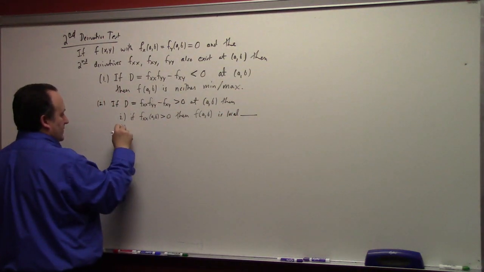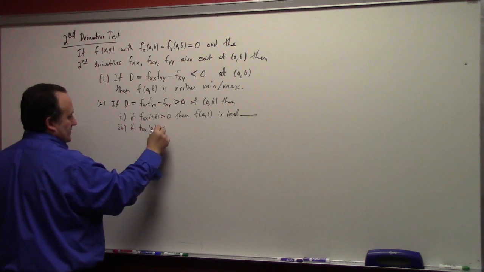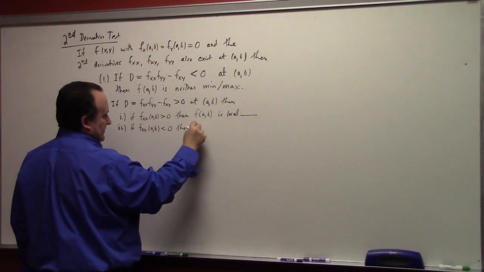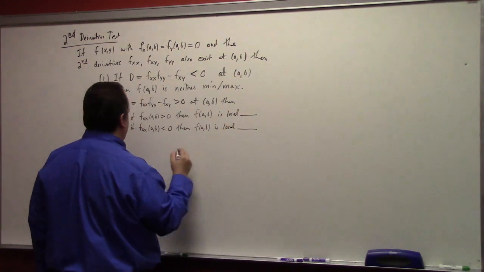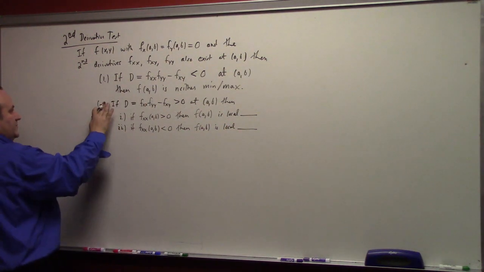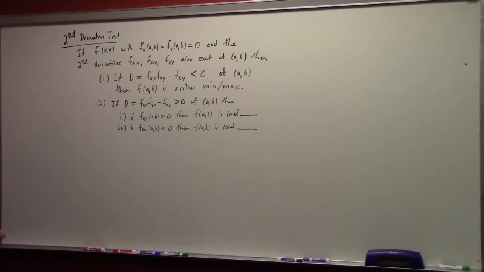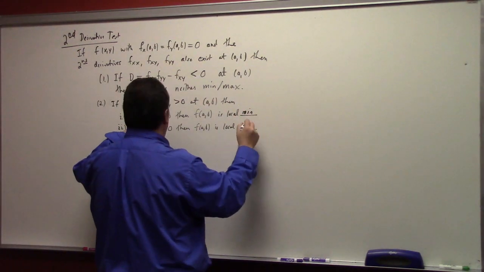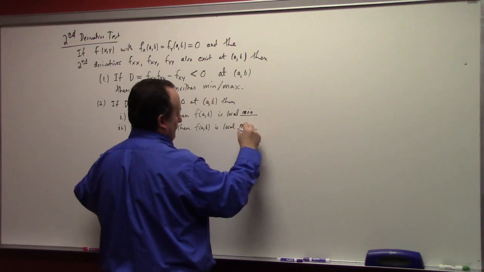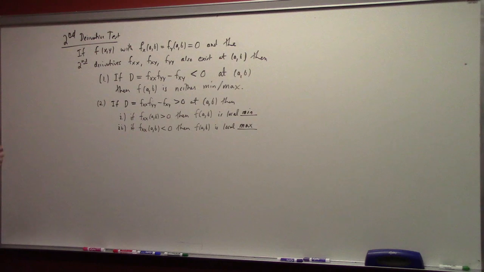And 2, if fxx at a, b is less than 0, then f of a, b is a local, fill in the blank. So you can tell me what goes there. I don't know if you remember or not, but this is local min. This is local max. And why is that? Well, that's fxx greater than or less than 0? Well, that's the second derivative test. Okay.